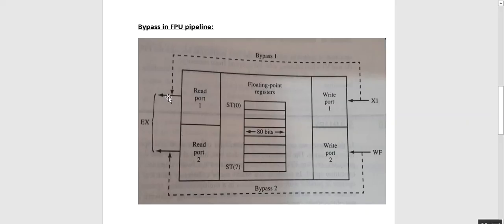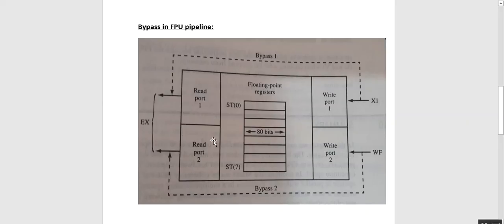This is done to allow the floating point register write operation in the X1 stage to bypass the floating point register file and send the result to the instruction performing a floating point register read in the EX stage.